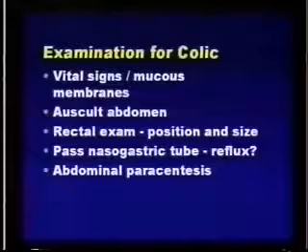Abdominal paracentesis may give you considerable information about the health of the inside of the abdominal cavity. As you look at the peritoneal fluid, it should have a clear sort of straw color to it.